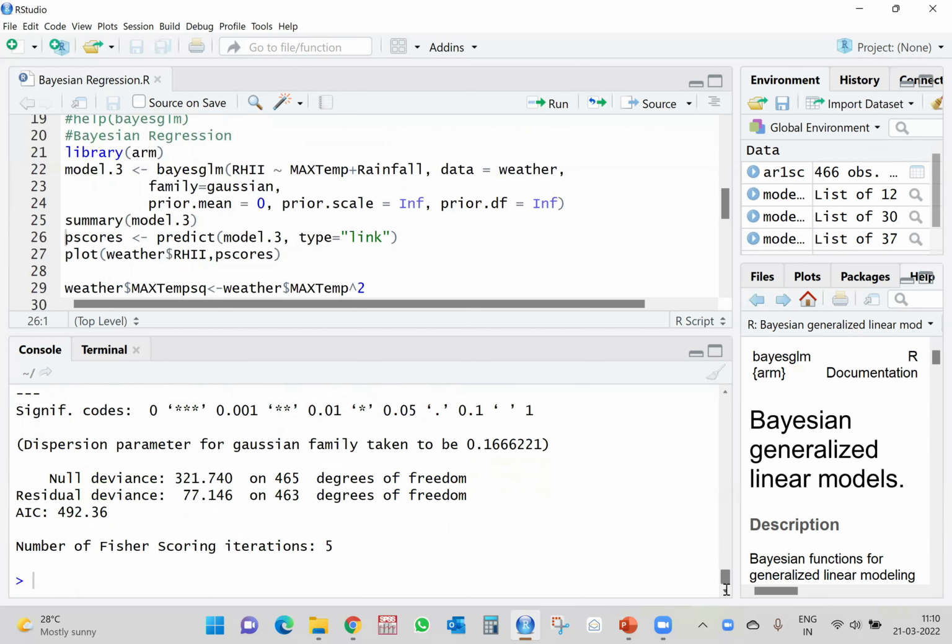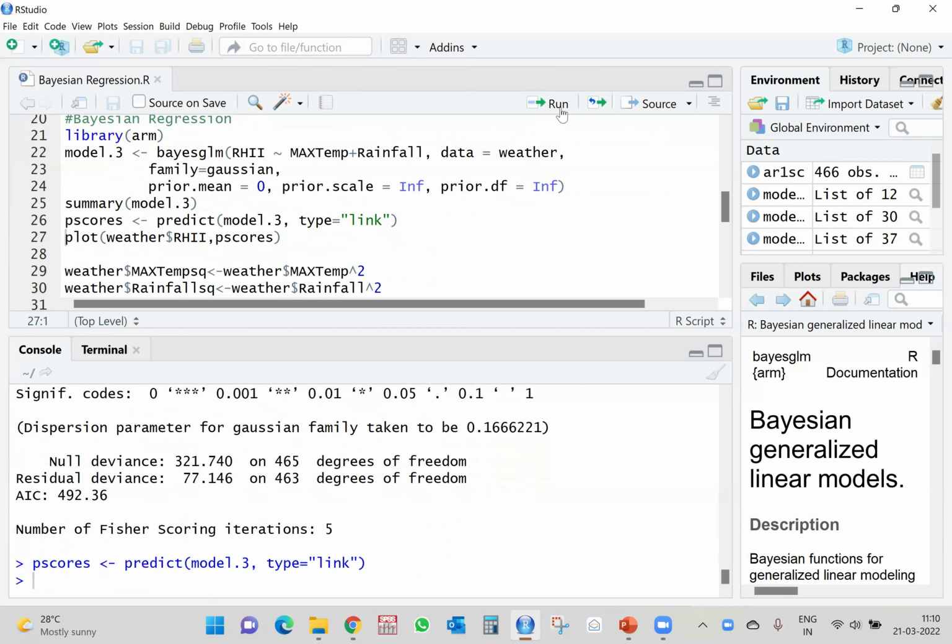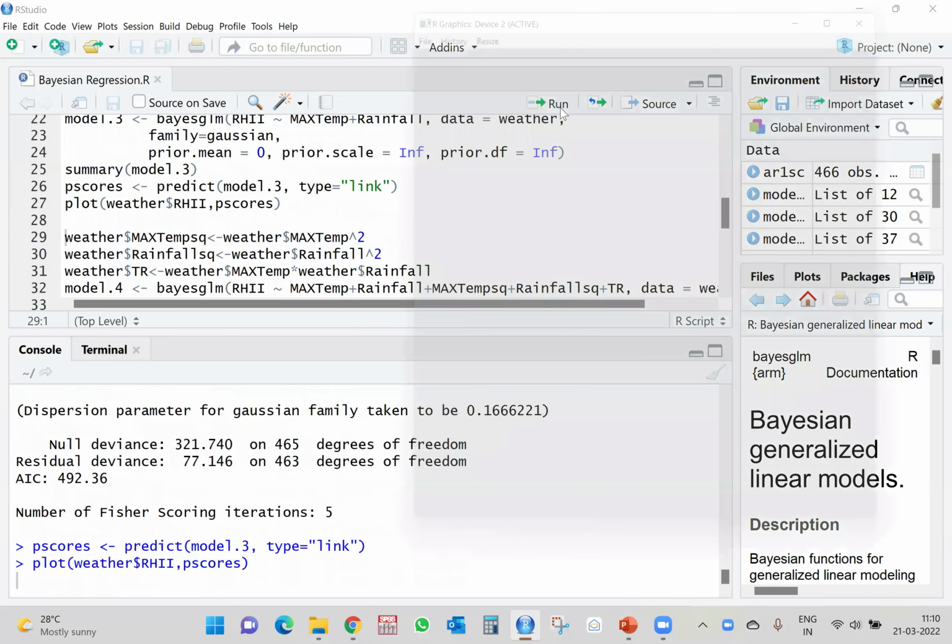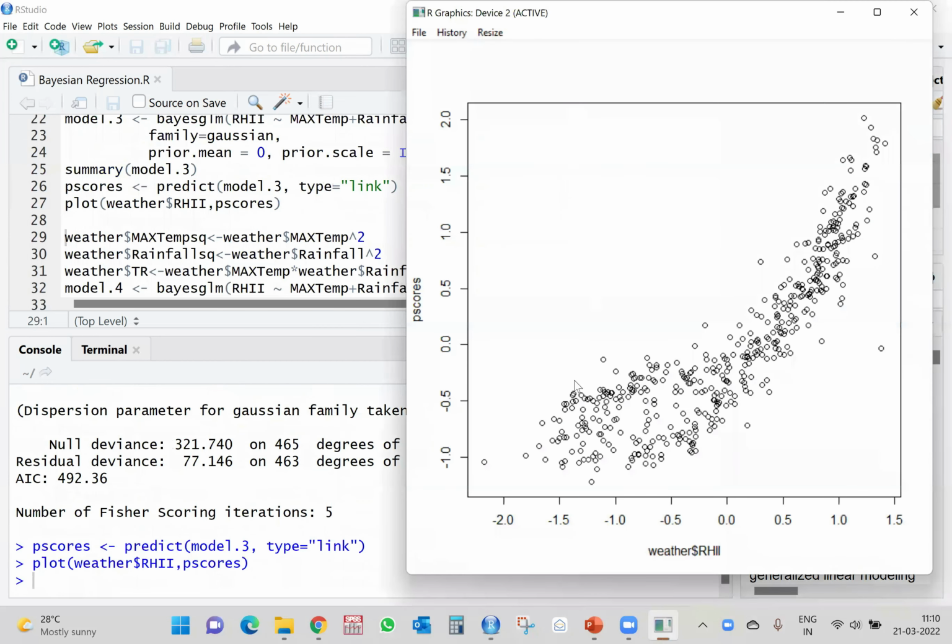But let us see the performance of this model by generating the predicted values, p-scores, and also plotting against the actual value. Here we see that there is a curvature in the pattern. Ideally, we should expect a linear relationship between the observed values and predicted values.